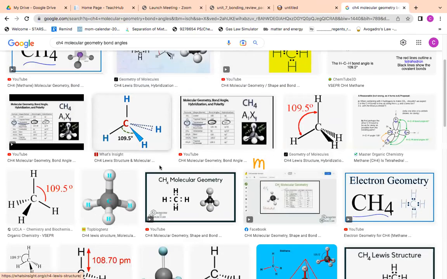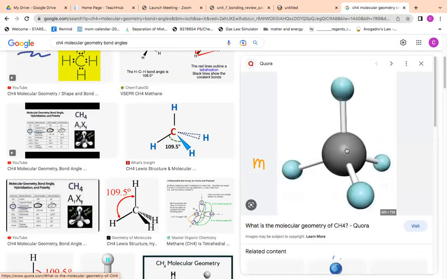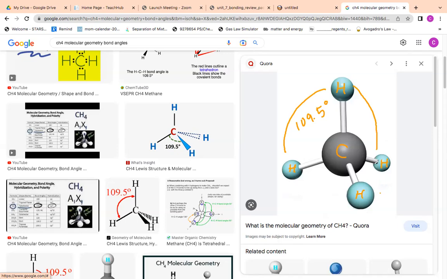All right. Here we go. So this is what it really looks like. This is a better drawing. Okay. So here is methane. Here is our carbon and here are our hydrogens. The bond angle in between all of them is 109.5, between this one and this one, this one and this one, this one and this one.